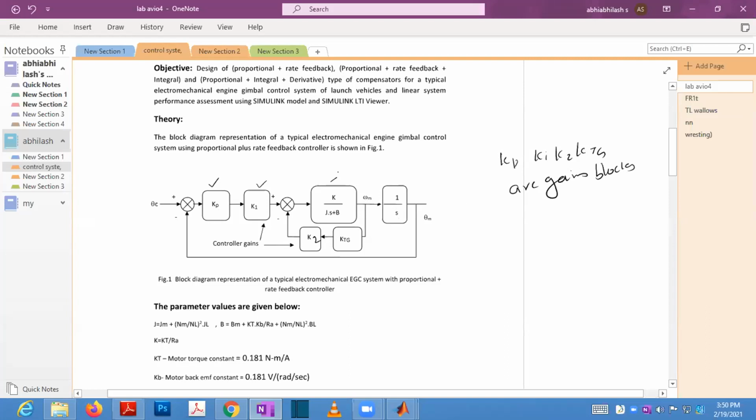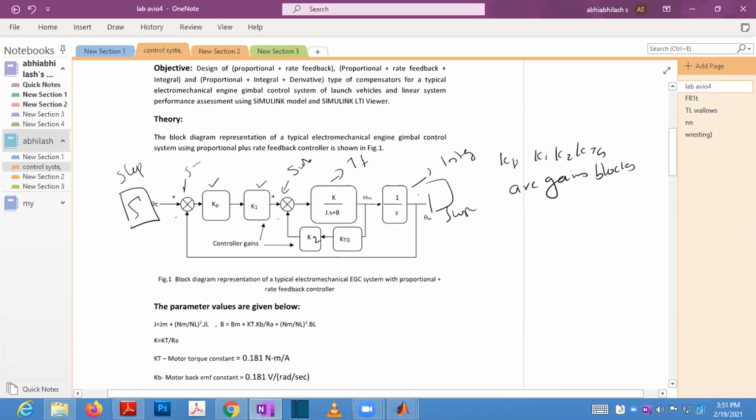This one is a transfer function. This one is an integrator. And this is a subtractor. You can use a summer and just change the signs. Here you have to connect a step block, and here you have to connect a scope.